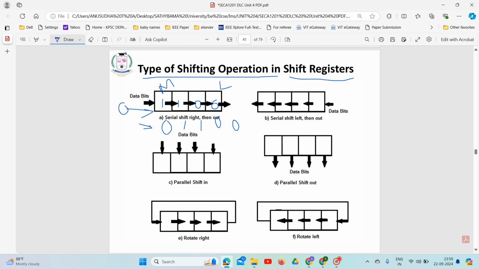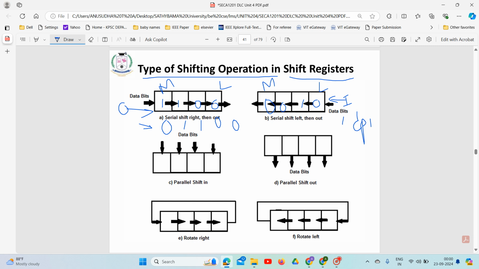Shift left means we are feeding the data into the shift register at the LSB and we are taking out the result at the MSB. For example, the initial data is 0100. For the first clock pulse, I am introducing 1 into the LSB flip-flop.